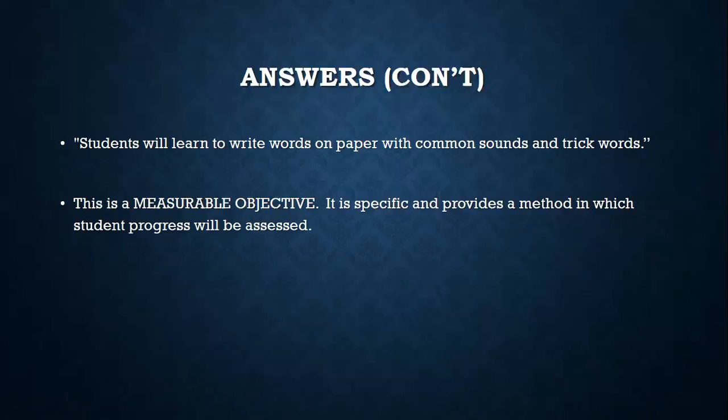Now understand that it could be a better measurable objective with more specific information. However, it does provide a method in which student progress will be assessed. All of these examples, by the way, came from work that has been done by other GCU students.